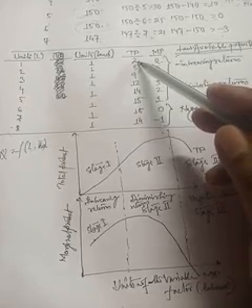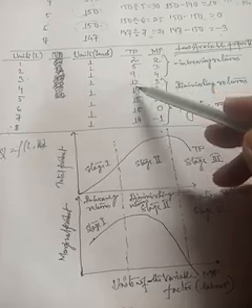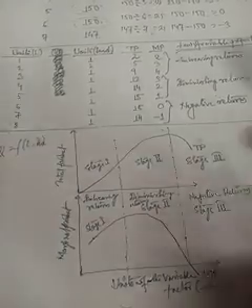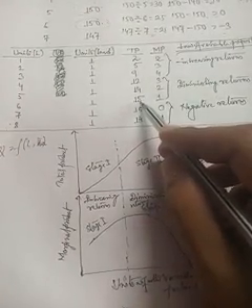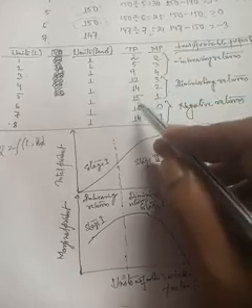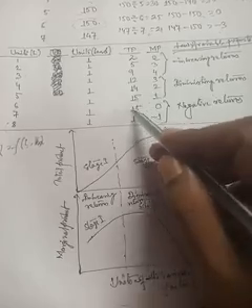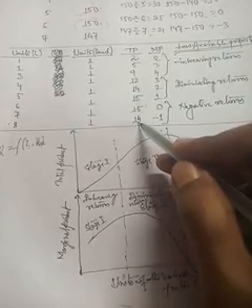See here, total product increases: 2, 5, 9, 12, 14, 15. Up to this, total product increases, then 15 is the maximum it reaches, and then it falls.